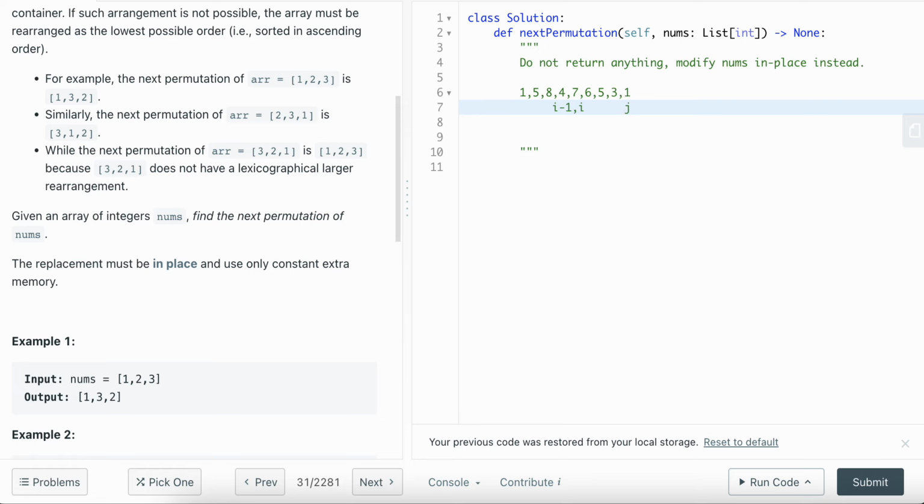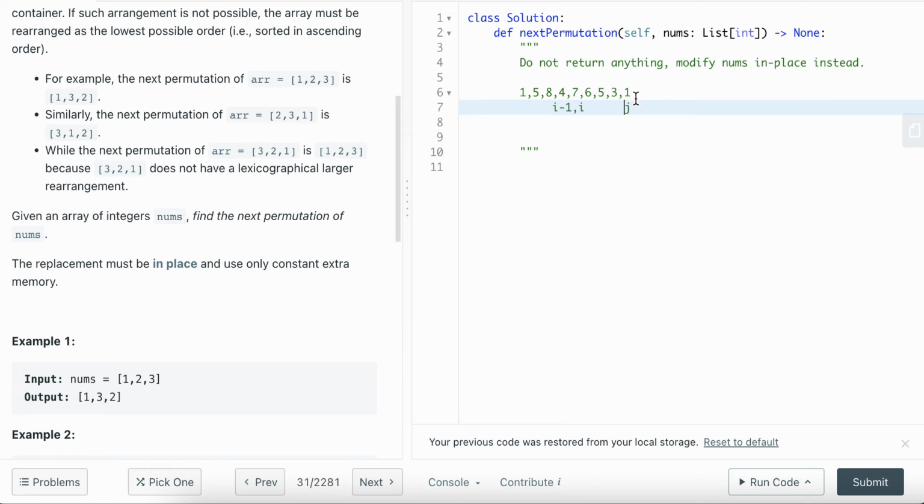Under what circumstance do you want to continue to move j? You want to compare j with i minus 1, because j with i minus 1 is the pair that you want to swap in the end.